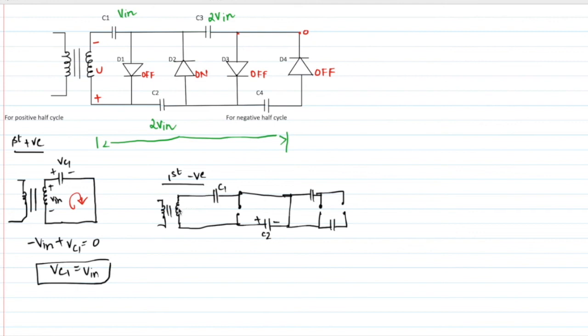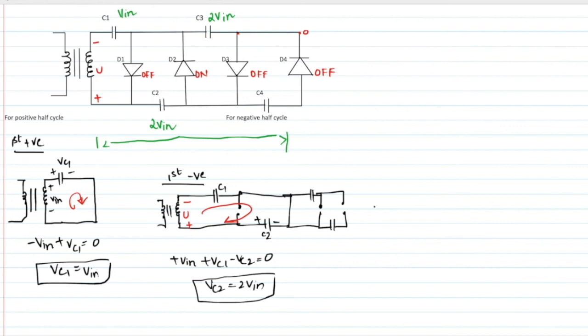For the first negative half cycle, you apply the negative cycle, so this will become minus and this will become plus. Applying KVL across this circuit, plus to minus, so plus V in plus Vc1 minus Vc2 equals 0. So Vc2 equals 2V in.